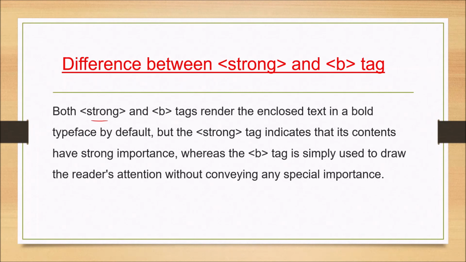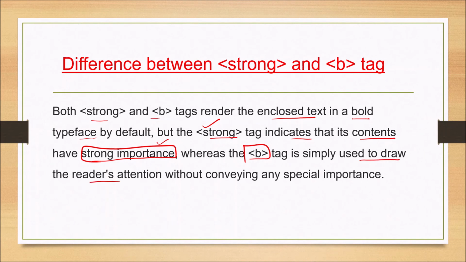Both of these, strong and B tag, render the enclosed text in bold typeface. But strong tag indicates that its content has strong importance. B tag is simply used to draw the reader's attention without conveying any special importance.